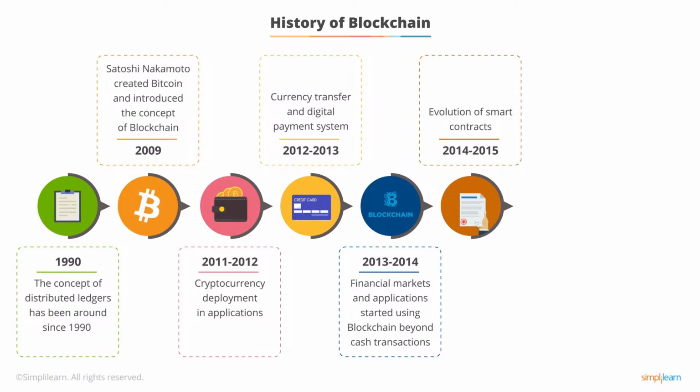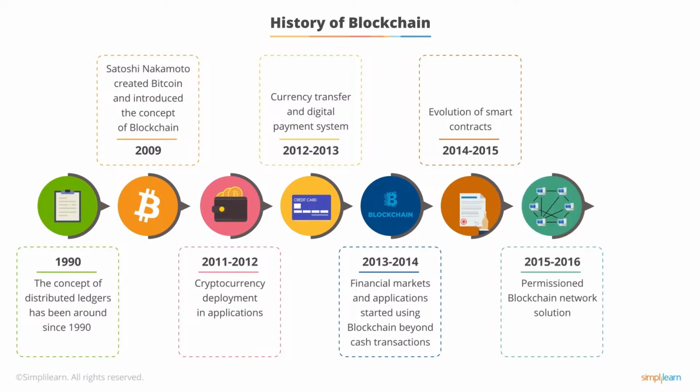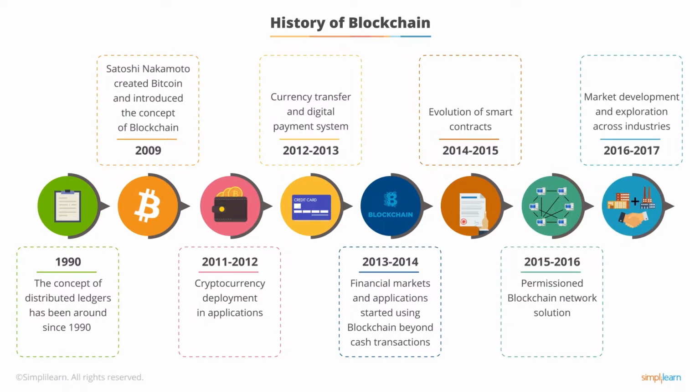The evolution of blockchain gave rise to concepts like smart contracts and permissioned blockchain network solutions. These concepts are now being used across various industry sectors to explore different use cases of blockchain. Let's take a look at one such industry sector, which is banking.